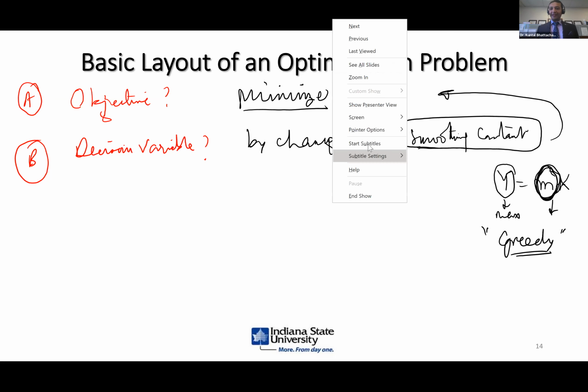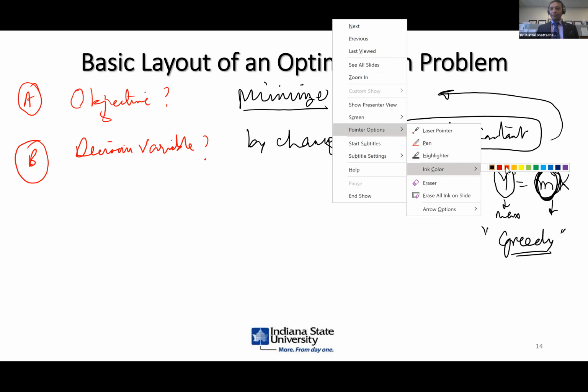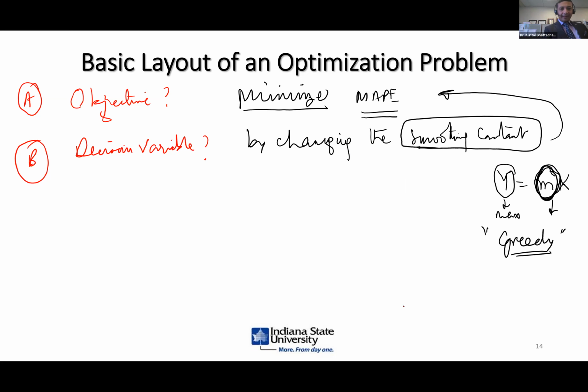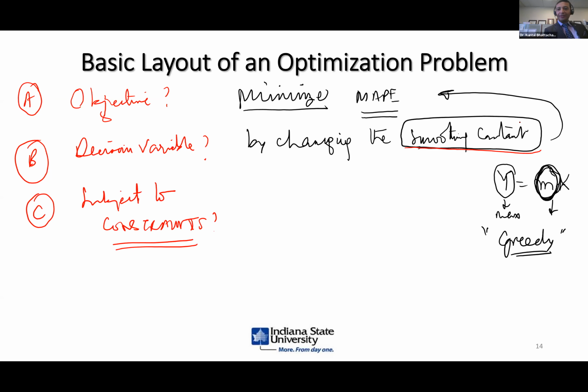Let's ask ourselves, can we put in any possible value for the decision variable? And that's where we ask ourselves, what are the constraints within which the decision variable value can be changed? In this case, the smoothing constant value can be changed within a set of what sort of constraints?